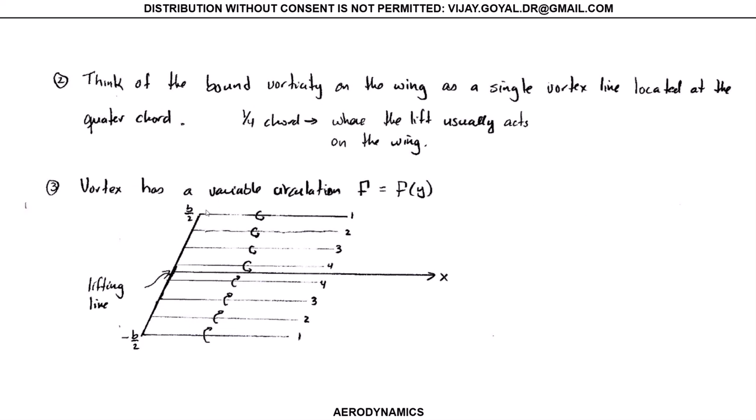Okay, and in the lifting line approximation, you can see that I'm going to have circulation 1, 1, then I have 2, 2, then 3, 3, and so on and so forth. They go in pairs in opposite directions. And you can see that happens at the aerodynamic center.